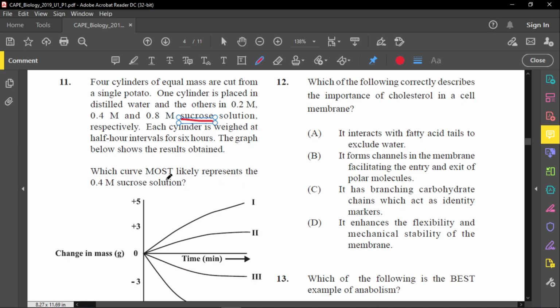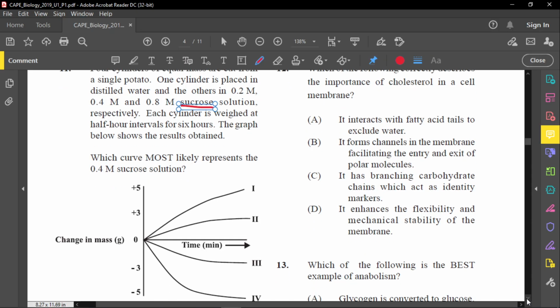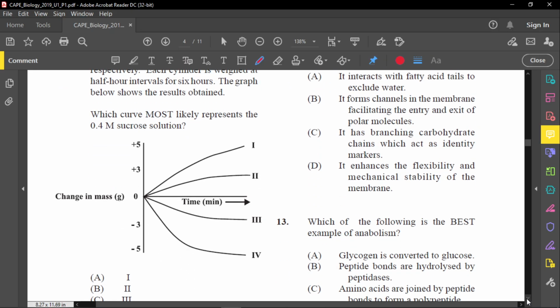So which of them will have the highest amount of sugar, or display the graph where the potato is placed in high sugar content? Now, what I want you to think about, the higher the sugar content is, the more the potato will lose water. Okay, that's the first thing you want to think about. If you're losing water, it therefore means that the mass will decrease.